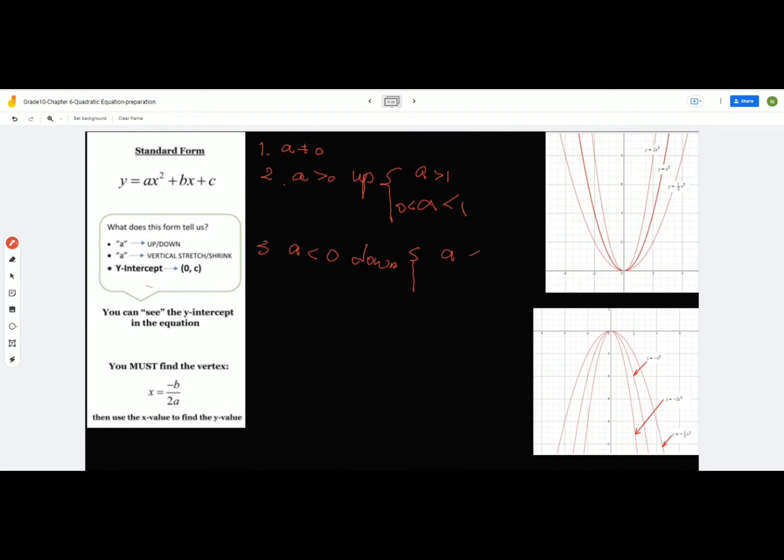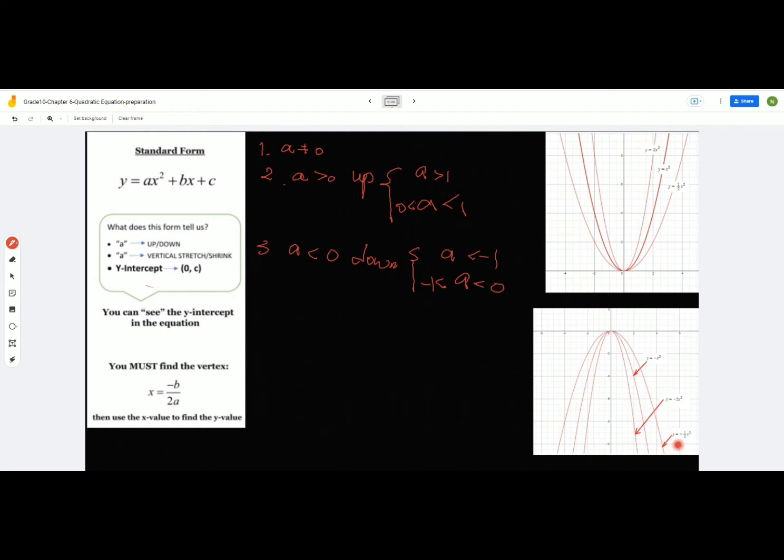What about a less than negative 1? Here y equals negative 2x squared is narrowed down compared to x squared, stretched vertically by a factor of 2.